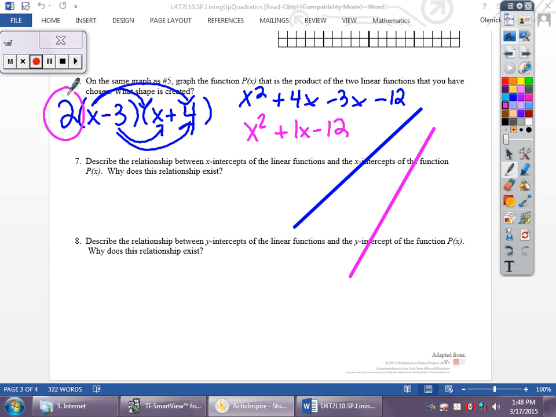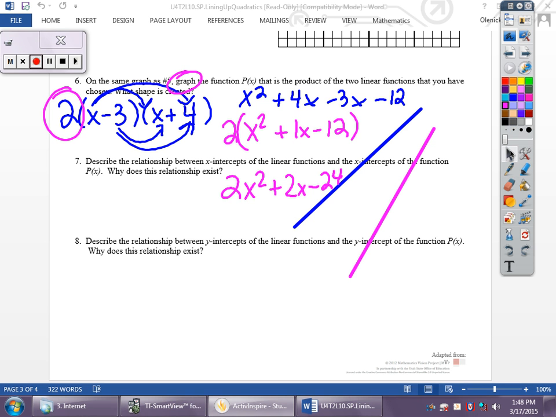I forgot about this 2, so let's bring the 2 in. And we get, it's going to dip into the next problem, sorry, 2x squared plus 2x minus 24. And now it wants us to graph it as well. So go ahead and press y equals on your graphing calculator and type in the equations.